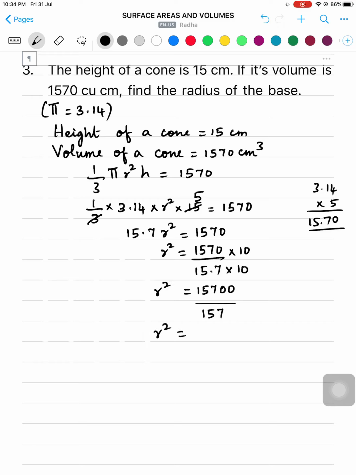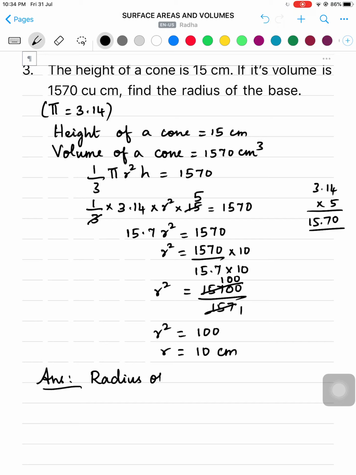So r squared is equal to 157 ones are 157, this is 100 times. So r squared is equal to 100. From that r is equal to 10 centimeter. So what is the radius of the base of the cone? Radius of the base of the cone is nothing but 10 centimeter.